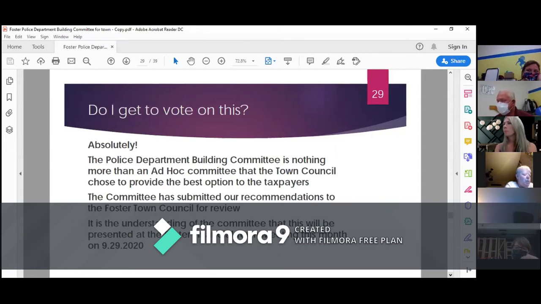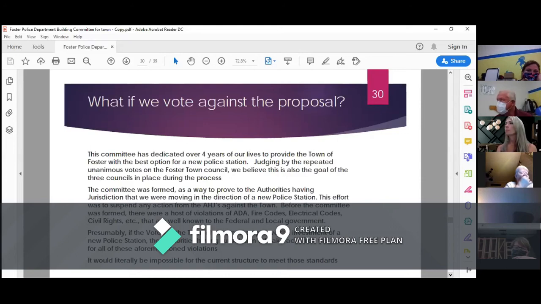So what if we were to vote against the proposal? And we're getting to the good stuff, so don't get nervous. The town has a number of issues, particularly with the police department. As I said, when I talked to the USDA a year ago about grants and things like that, the woman was extremely nice, and she's actually been working on this long before this committee was ever established.